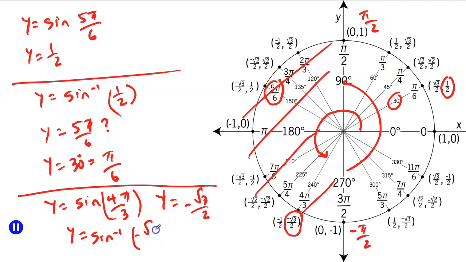So if I ask you, give me the angle when my sine is negative square root 3 over 2. Can I go on this quadrant? No, you cannot. So you got to use either Q1 or Q4 and find out when your sine is negative square root 3 over 2, which is here. So what's my answer? Remember, I can't go through here.